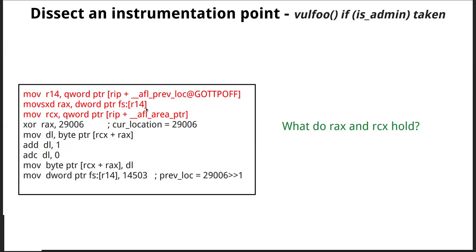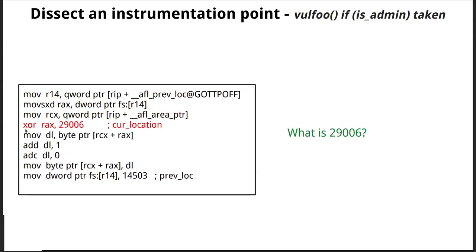So then from here, we're actually retrieving the previous basic block ID to RAX. Then the third instruction, we are getting the bitmap's address. The bitmap is a global variable. All the threads share this global variable. We're trying to get the address and put that address in RCX. Then the next one, look at this one.